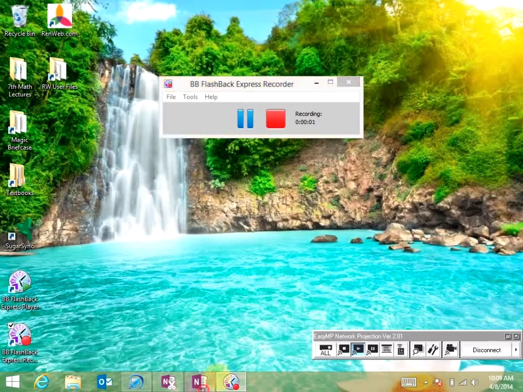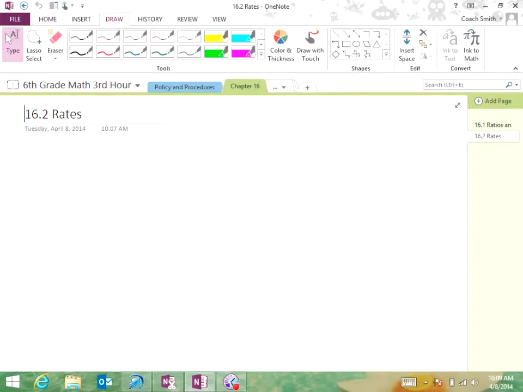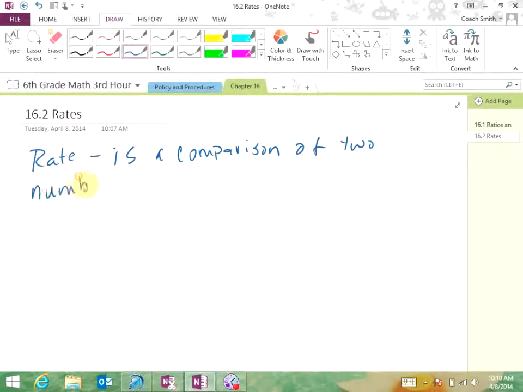Rates. Or really, let's just call it rate. A rate is a comparison of two numbers, usually with unlike quantities.